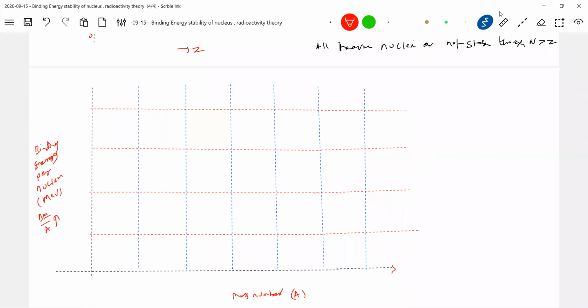So if you look at the maximum, let this be 2, 4, 6, and 8. Iron is 8.5, no? So this will be 50, let me take this as 50, 100, 150, 200, 250.